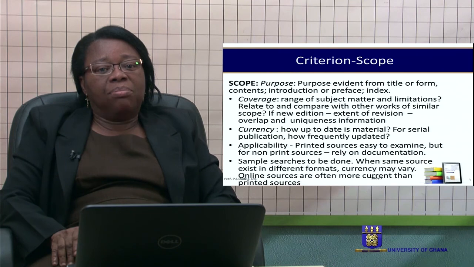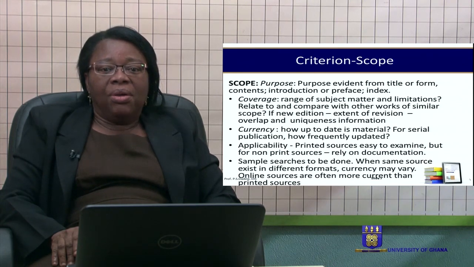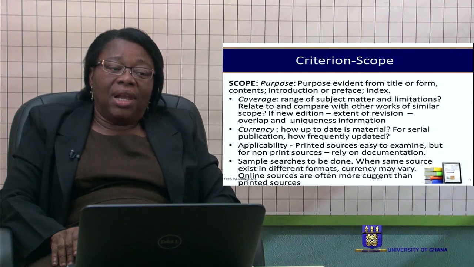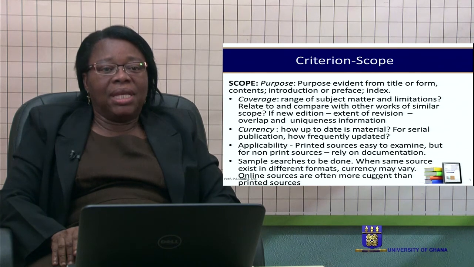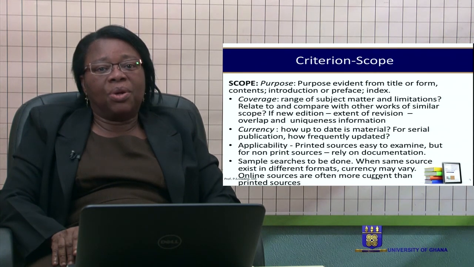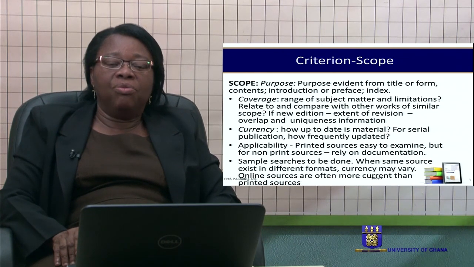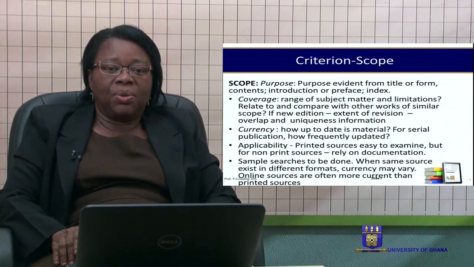Again, you depend on documentation, or you carry out simple searches from the home page. If you're lucky, it will give you some information which will help you to determine the scope of the particular document that you are looking at. So that is the second criterion we use in selecting and evaluating reference sources.